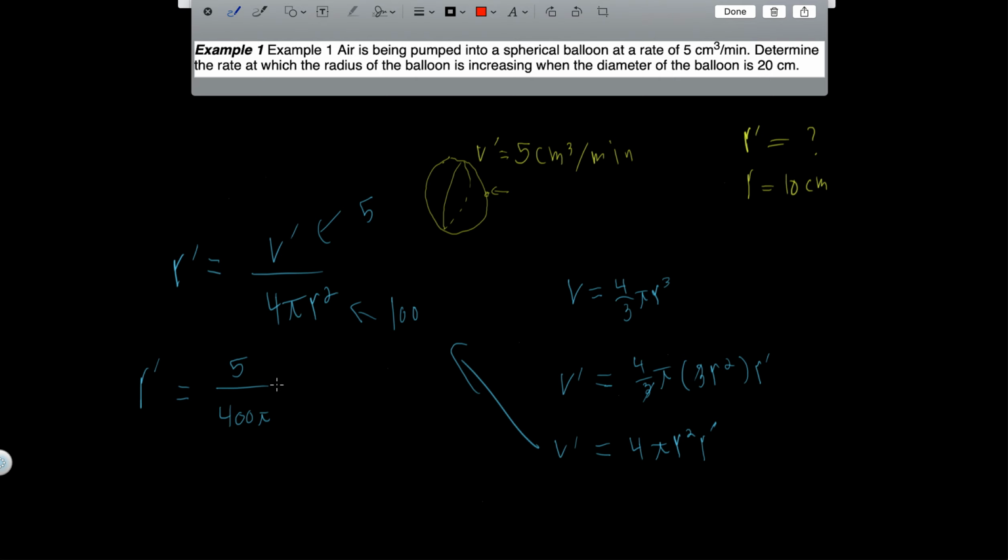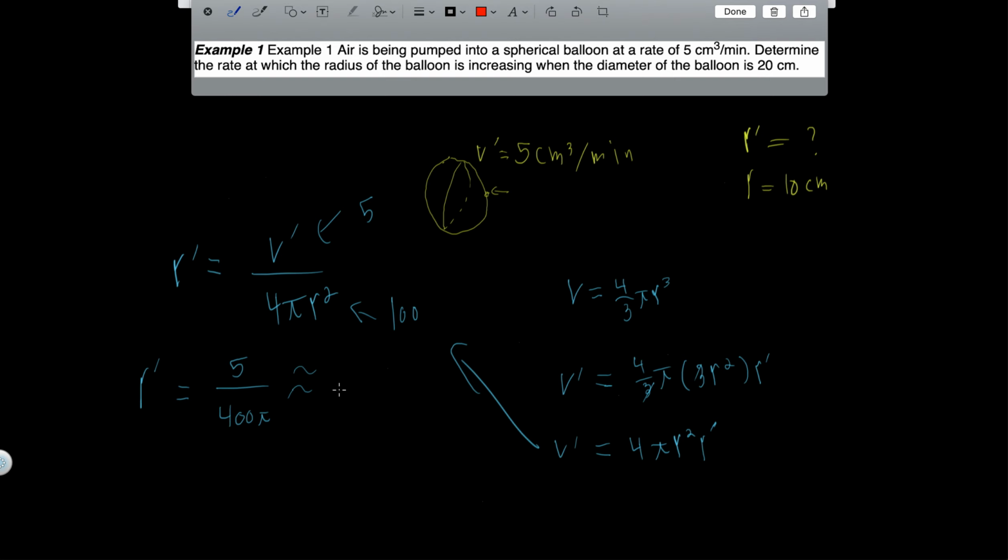Then you can plug this into your calculator. Here, let's estimate it. 4 times pi is around 12 or 13, so 400 pi is around 1,300 or so. And then 5 divided by 1,300 or so. 5 over 13 we can estimate to be a bit less than 0.5, so we'll say like 0.4.